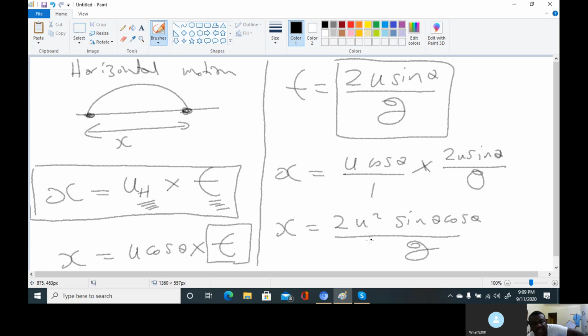So the range of the projectile can be expressed like this. But in mathematics, it's pure elegance, so we're not going to leave it like that. I'm going to further simplify. For calculation purposes, you can leave it. If they ask you to prove it, they won't ask you to do that, because what I'm going to do next is just trigonometry.